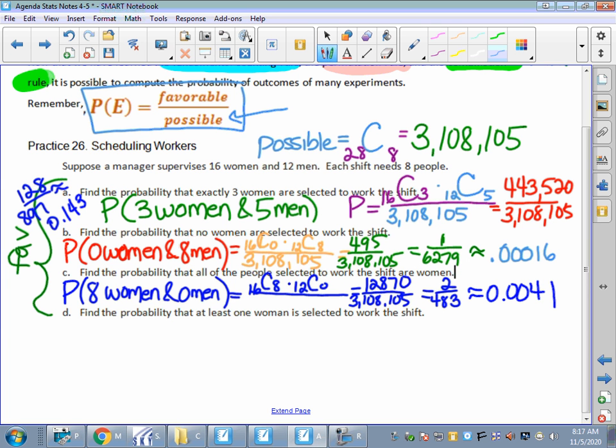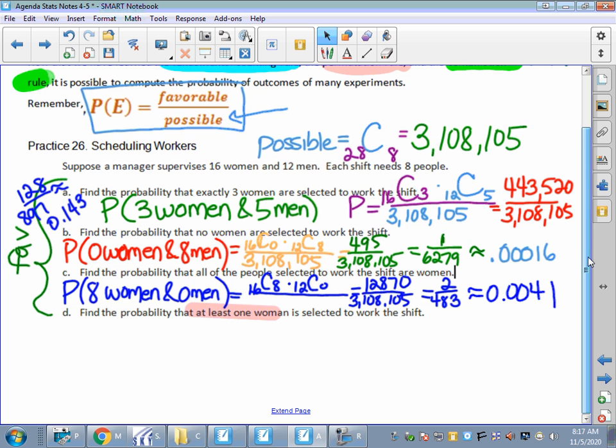All right. So it's using all of this probability stuff and combining it all at once. I do want to talk about D. I know you're probably tired of this scheduling situation. However, the probability that at least one woman is selected. Here's that at least one situation.